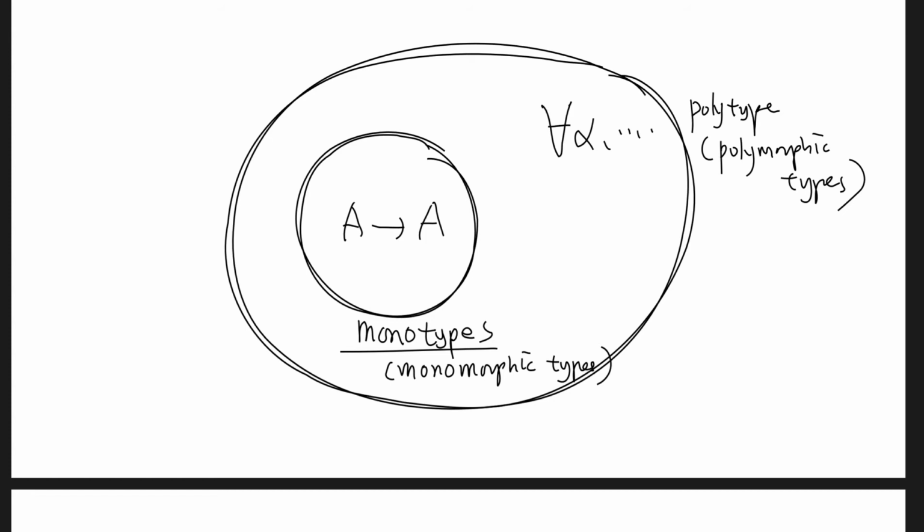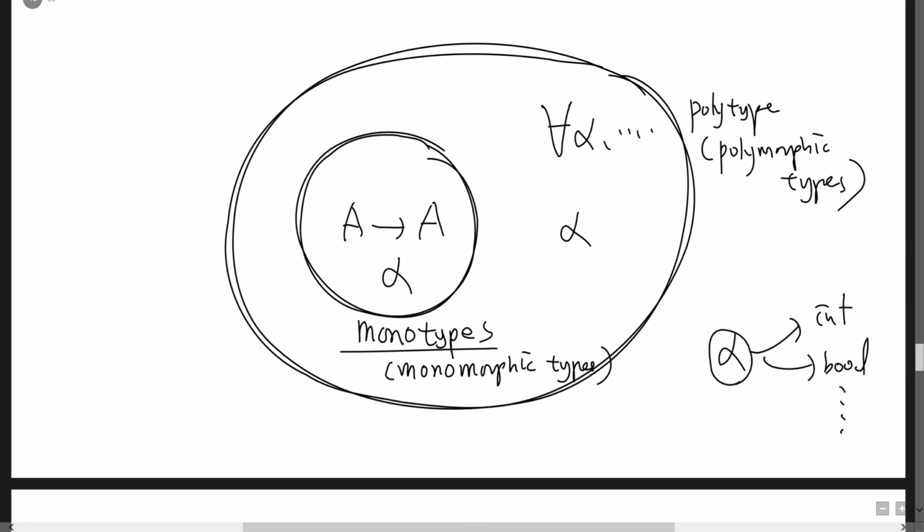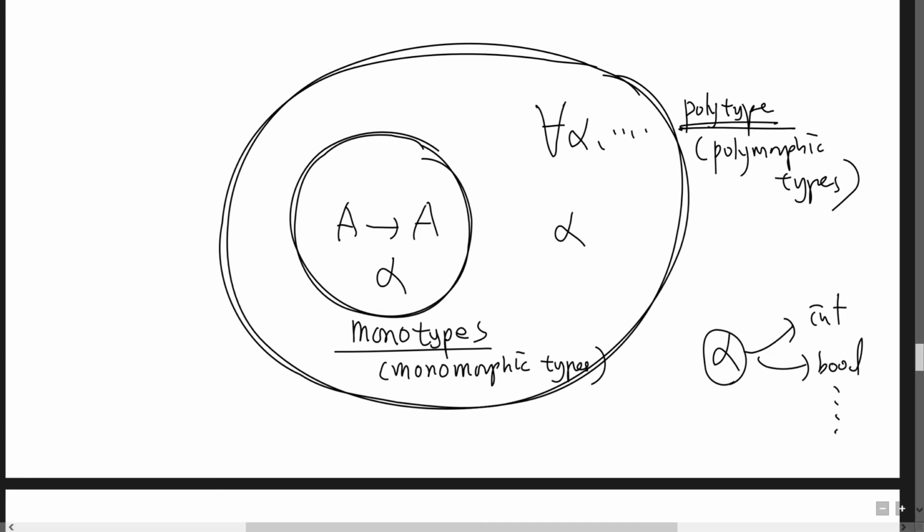Then what about type variable alpha? The question is, where does this type variable belong? Should we write the type variable alpha here or here? It turns out that this type variable itself is not polymorphic. Say we have type variable alpha, later it will be something like int or bool and so on. Simply speaking, a polytype must have this type quantifier, something like for all alpha, for all beta, and so on.